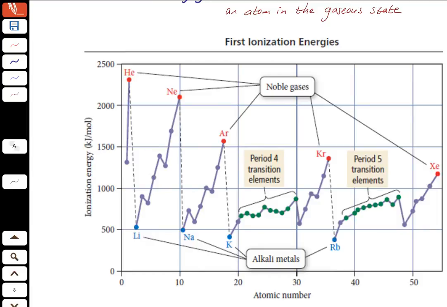So there's something going on as we go across the periodic table, and there's something going on as we go down the periodic table. So in general, what happens to the first ionization energies as you go across a period? They increase. Everybody see that? The lines go up as we go across a period. And then they kind of drop back down, go back up again. So that's telling us that it takes increasingly more energy to ionize an atom, to go from a neutral atom to a +1 ion, as we go across the periodic table.